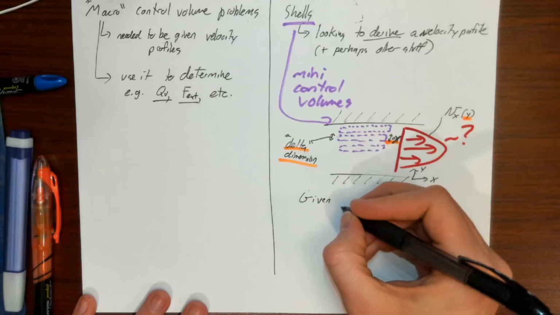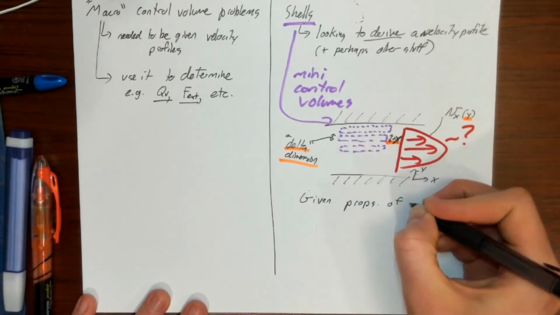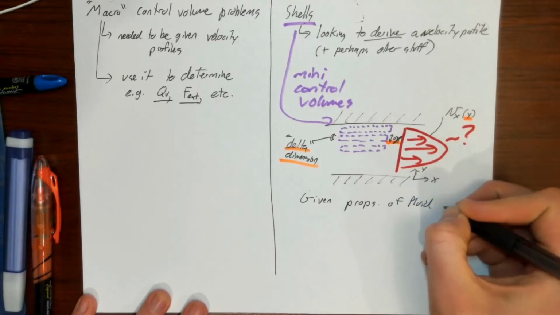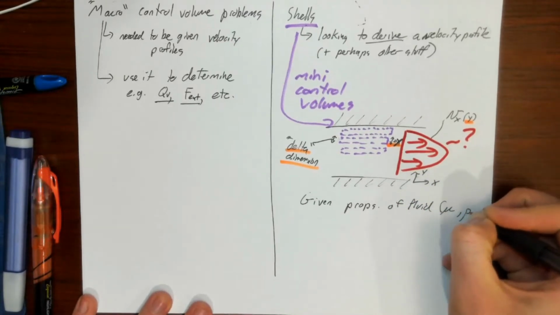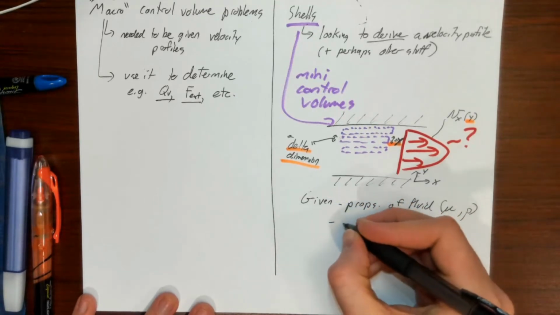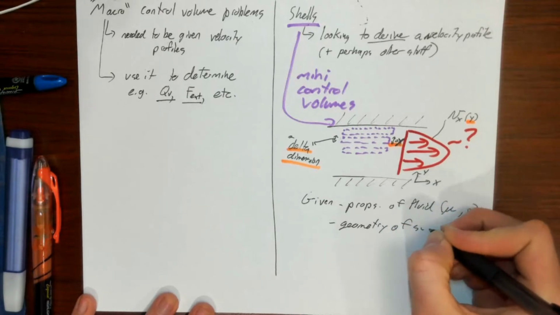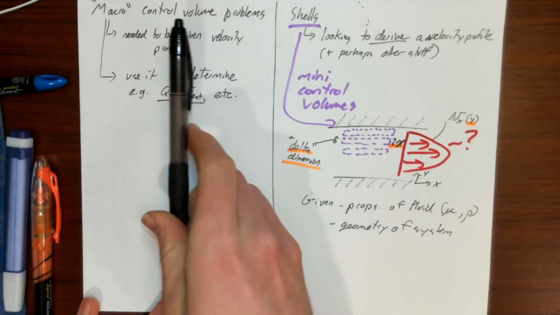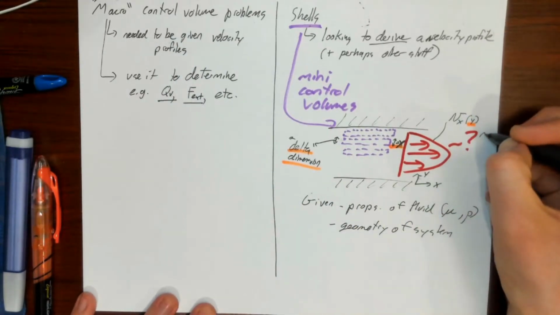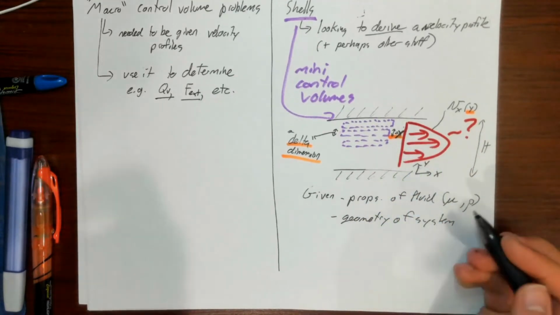for example, properties of the fluid, like its viscosity and its density, and the geometry of our system. For example, what is the whole height of this channel, something like that.